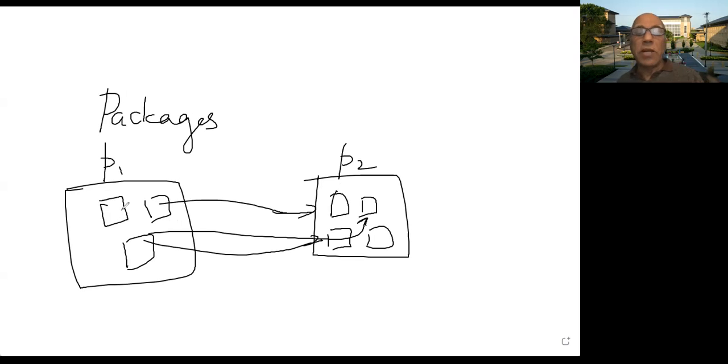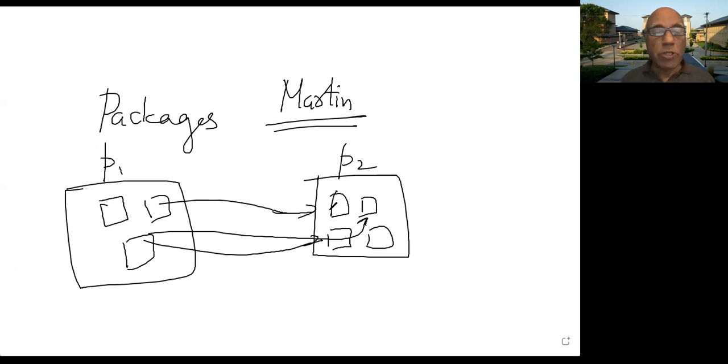So depending upon how many classes you are having, you're making P1 dependent on P2, and then you can compute stabilities and so on. That was proposed by a person named Martin. And I have given a little table. So let me spend a couple of minutes on that.